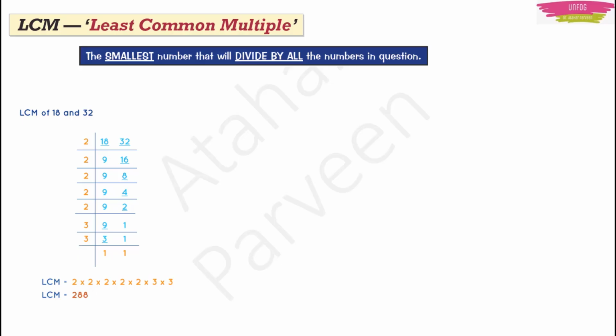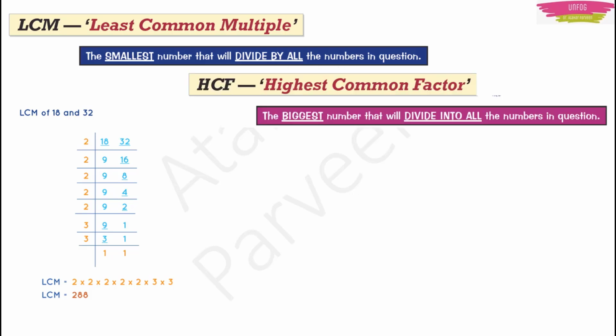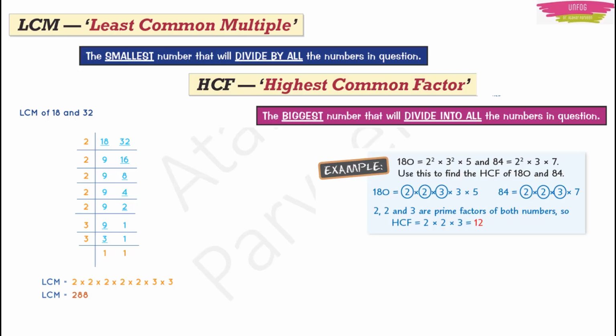This was for multiples, right? In the same manner, we have for factors, that is known as the highest common factor. It is the biggest number that will divide into all the numbers in the question. How do you calculate this HCF? For example, if you want to calculate the HCF for 180 and 84, what do you do? For 180, you do LCM and you write the numbers here. What all numbers if you multiply, you get 180. You write that.